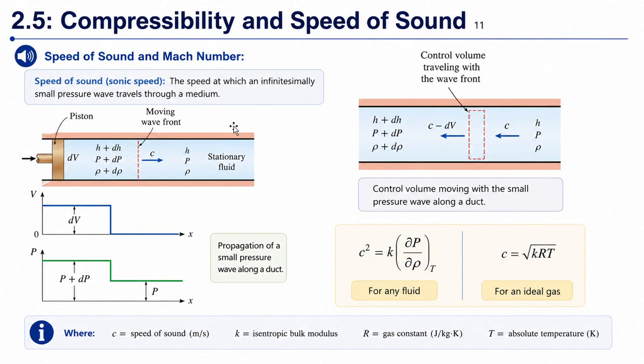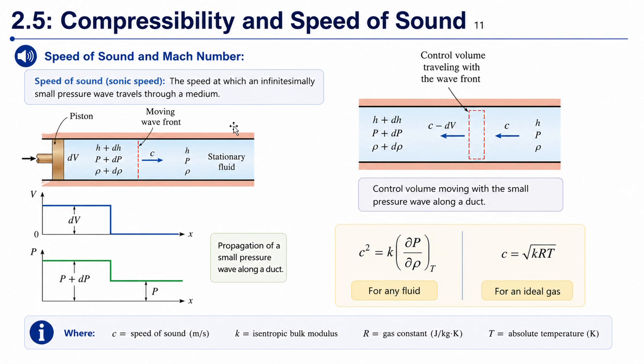Speed of sound and Mach number. The speed of sound is the speed at which very small pressure disturbances travel through a medium. The equation for any fluid is c square is equal to dou P by dou rho at constant entropy.